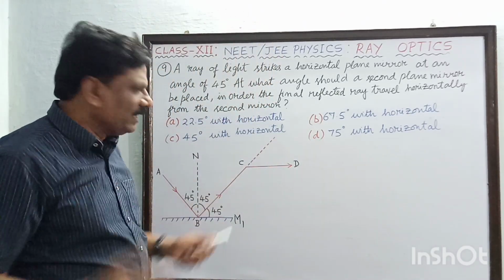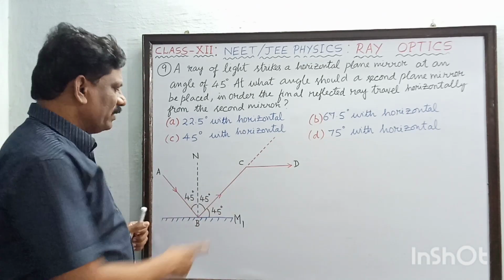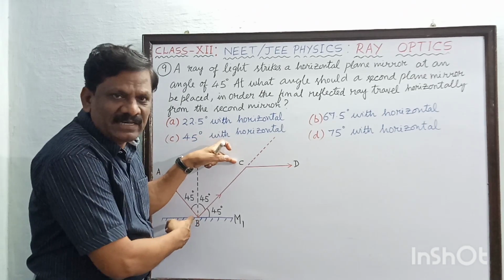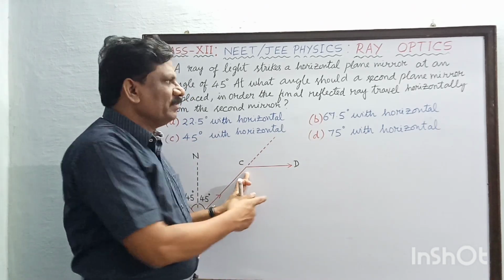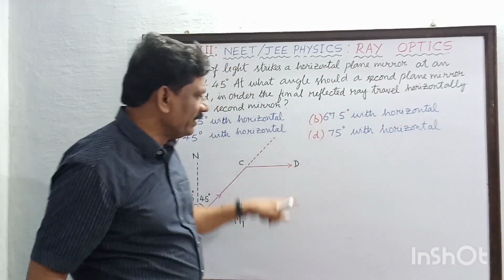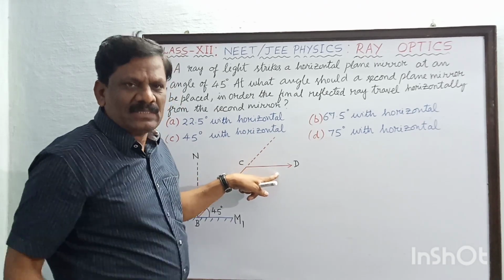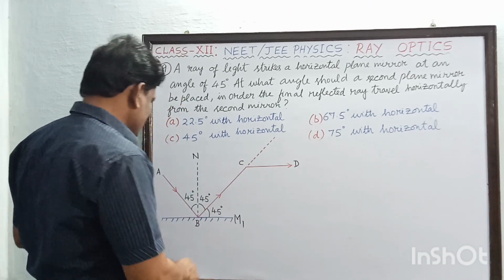For the second mirror, which I have not drawn yet, you must understand that BC is the incident ray and CD is the final reflected ray, because they have given that the final reflected ray must travel horizontally, parallel to the horizontal plane.